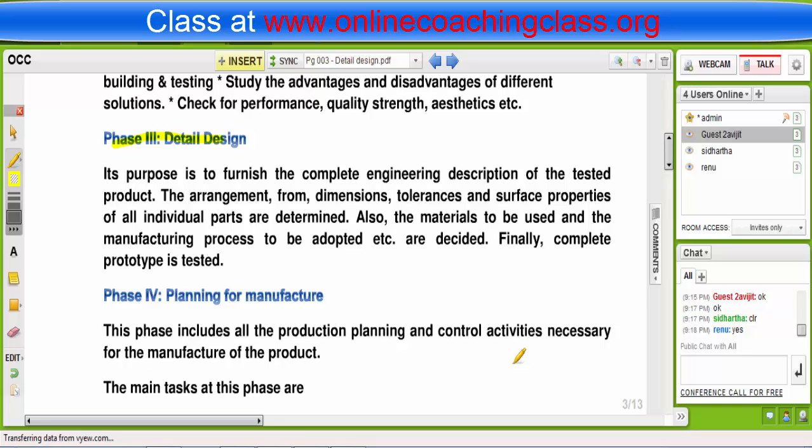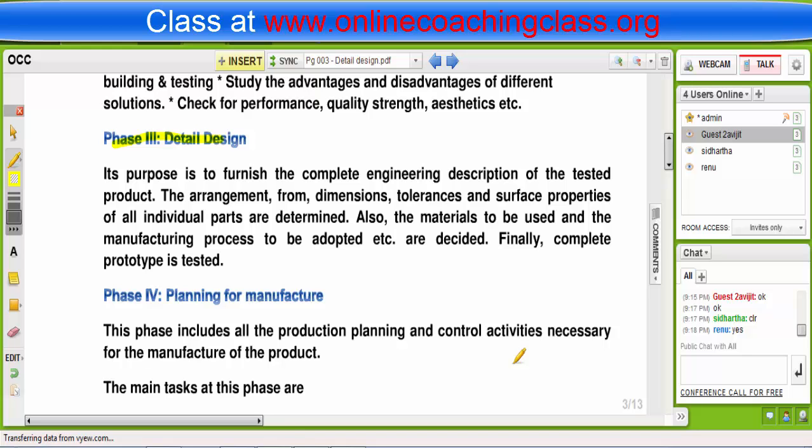What is the further work? You have to go for the finishing touch, like what is the dimension of your product, what should be the tolerance, what should be the surface property. Now you have to decide in which process you have to manufacture this product. Everything is in the detailed design phase.